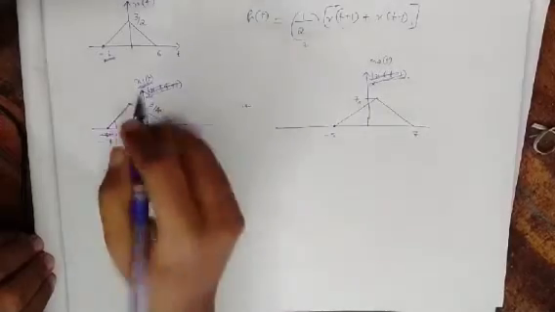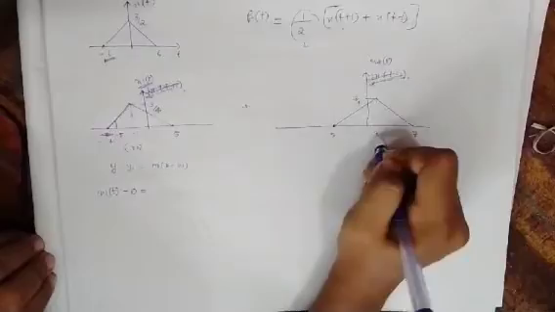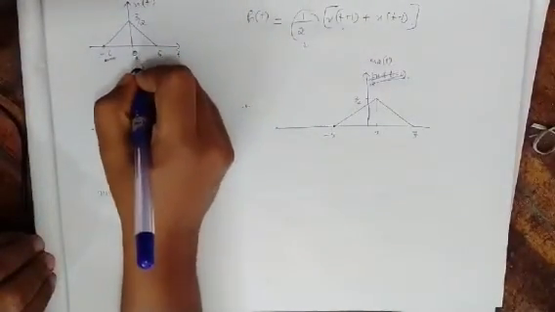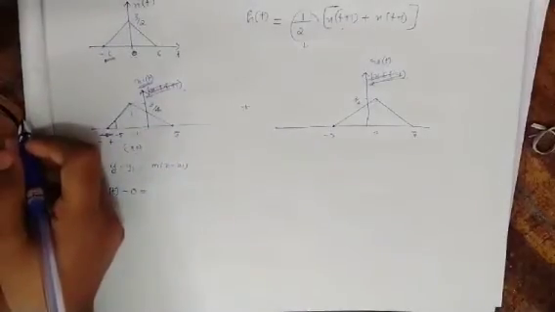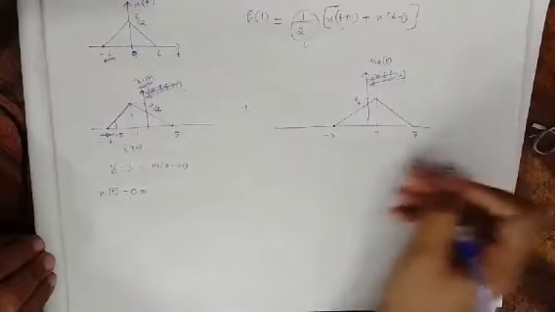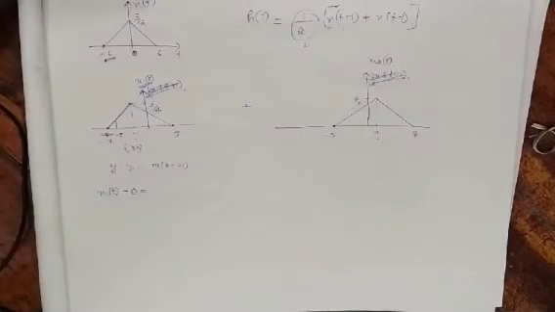We have to find out m. This will be at minus 1 and this will be at 1, okay? Because the peak was at 0 in the original signal, it is shifted to the left side, so the peak will be at minus 1. Here, it is shifted to the right side, so the peak will be at plus 1, okay?